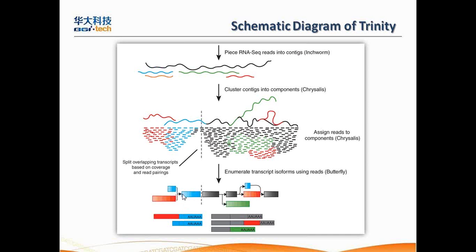So this can be assembled into two different isoforms. And since the coverage here is really low, that means this transcript should be cut into two pieces at this location.